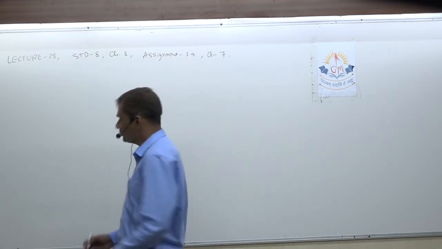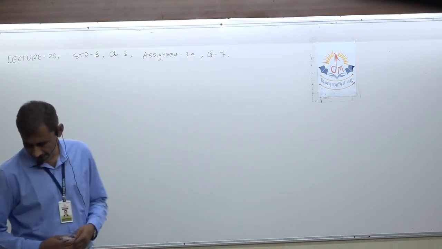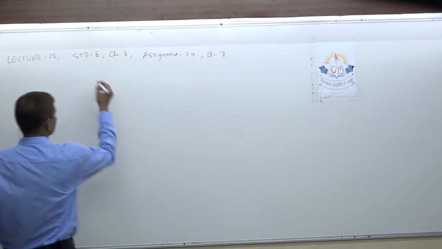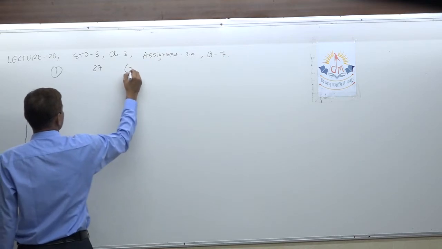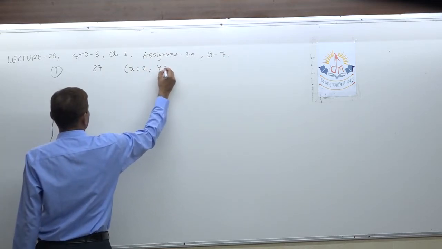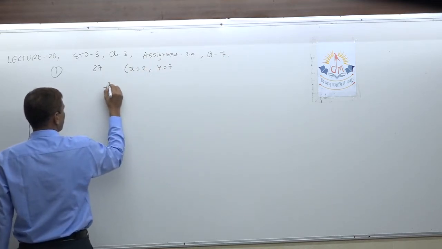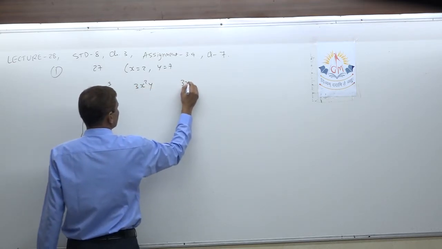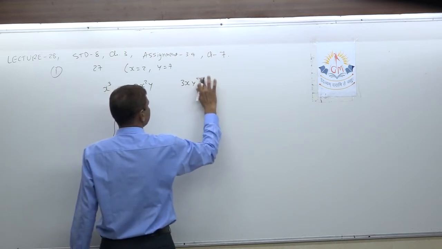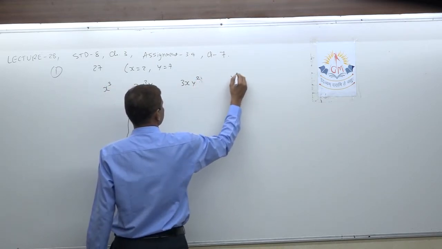Okay. So now the first one given is 27. 27 means x equal to 2, y equal to 7. So I should find the columns of x cube, 3x square y, 3xy square and y cube.